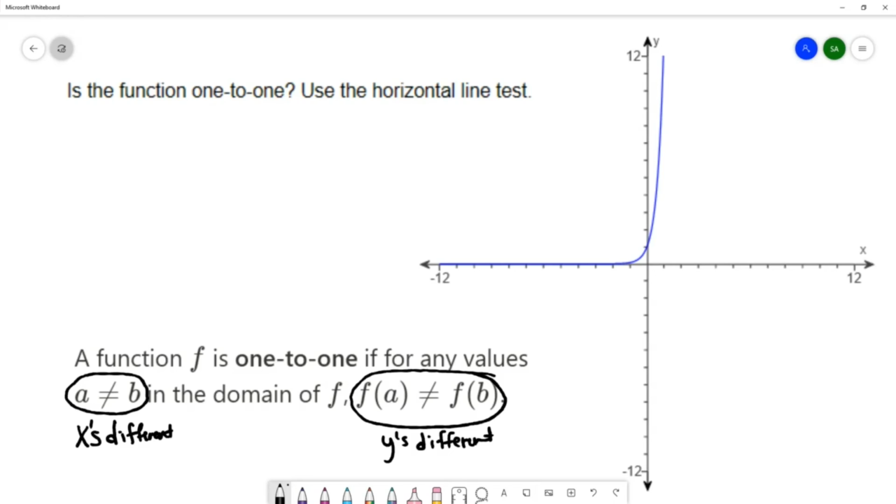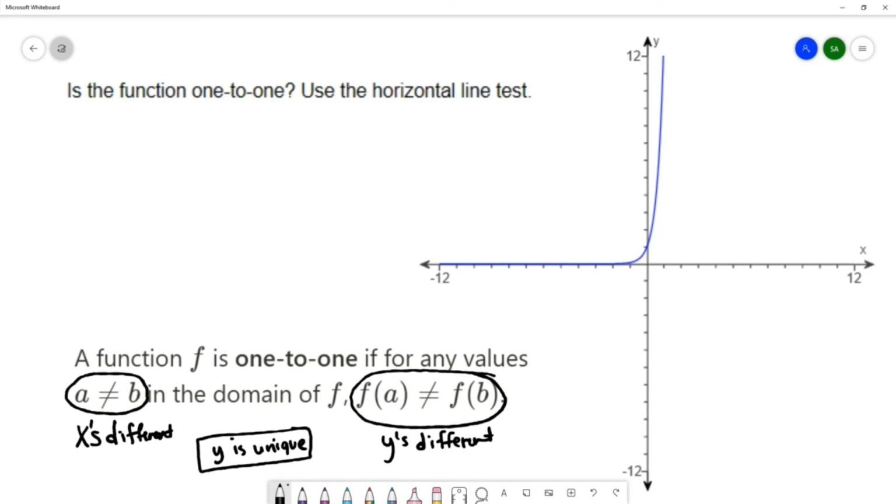So this definition of one-to-one is saying that if we have different x values, then we should also have different y values. And we can think of this as every y being unique. So we will never have a y value repeat.